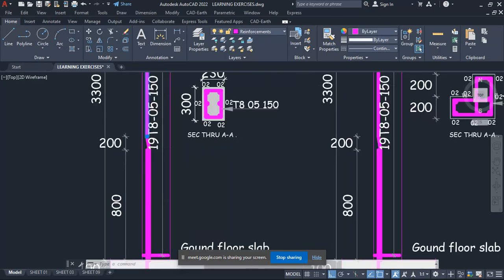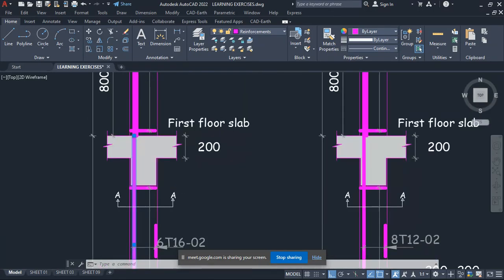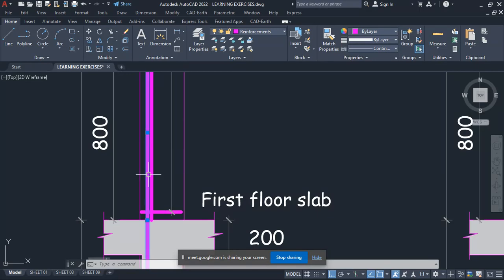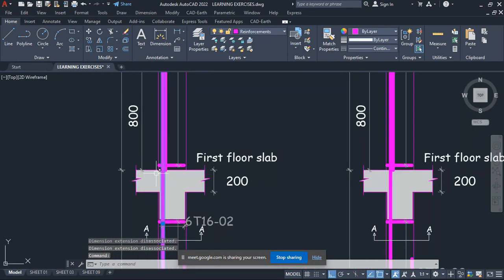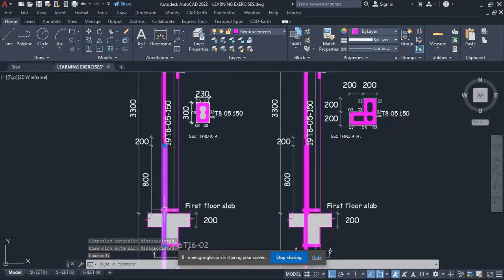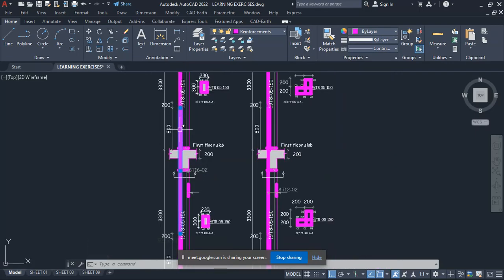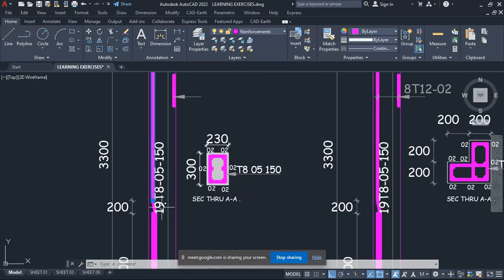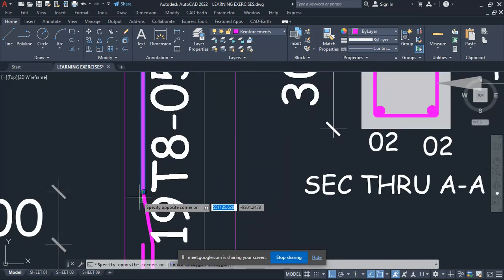So this bar moves and goes all the way to the first floor. Are you seeing it? It goes and exceeds. You have to leave lap for the upper floor.